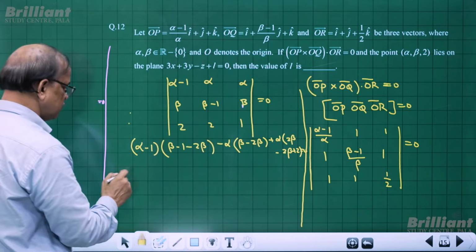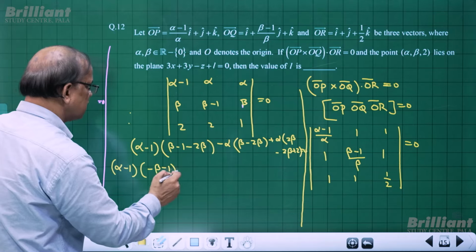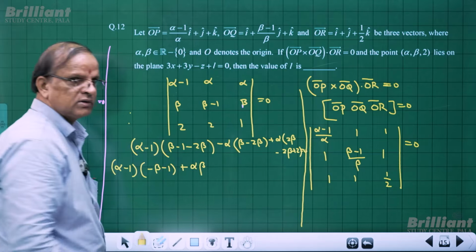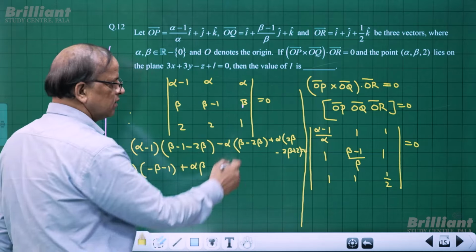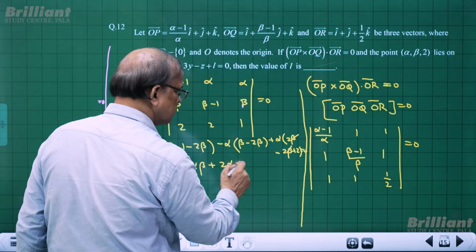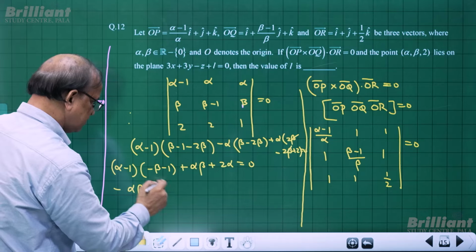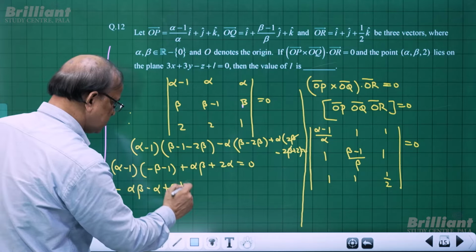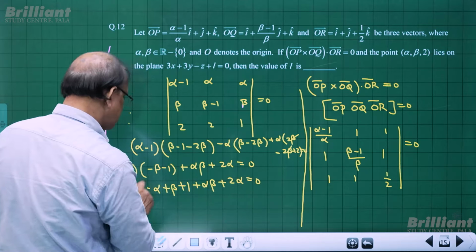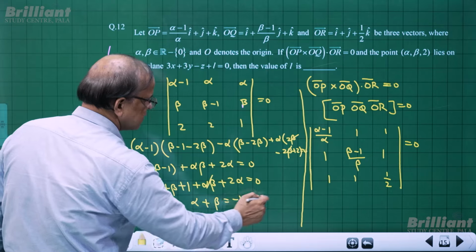So, therefore, alpha minus 1 into minus beta minus 1, and minus alpha, this is minus beta minus alpha plus alpha beta. So, here 2 beta cut, so plus 2 alpha is equal to 0. So, minus alpha beta minus alpha plus beta plus 1 plus alpha beta plus 2 alpha is 0. So, alpha beta cut. So, alpha plus beta is minus 1, okay.